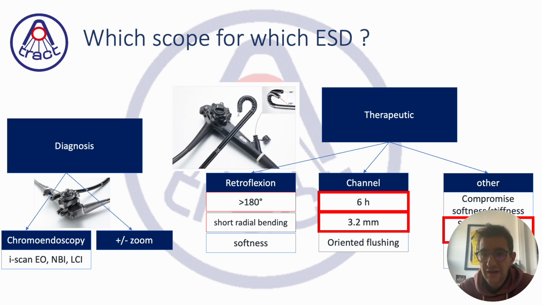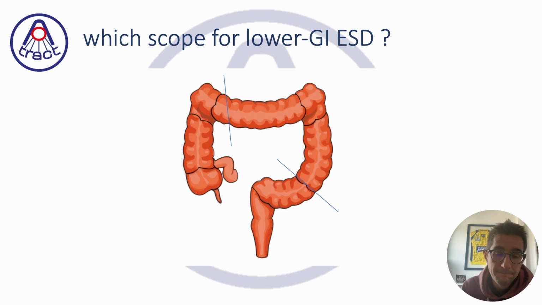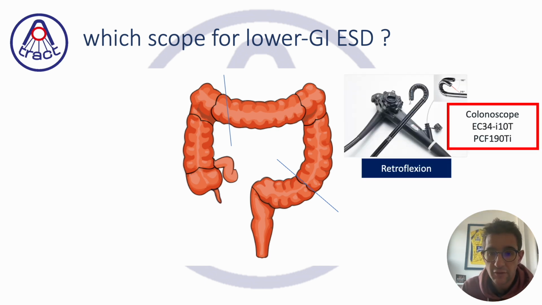Therefore you should choose the compromise to get good maneuverability in the right colon, even if your retroflexion power is a little less than with a therapeutic scope.